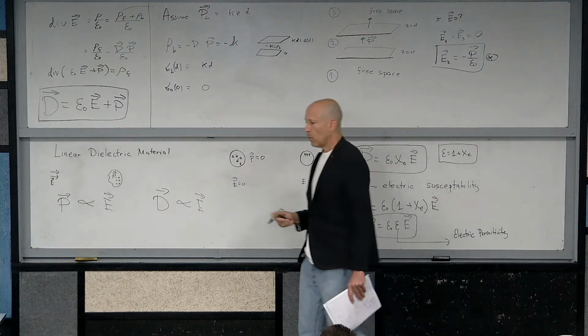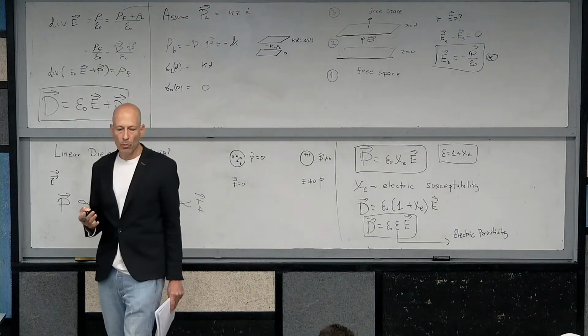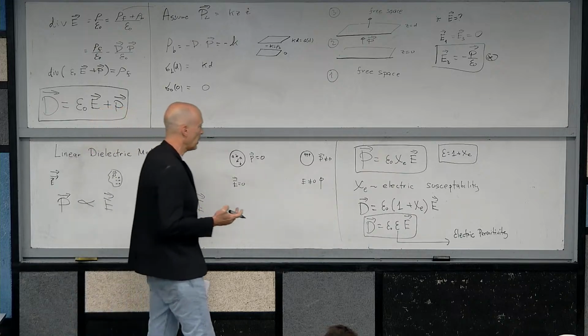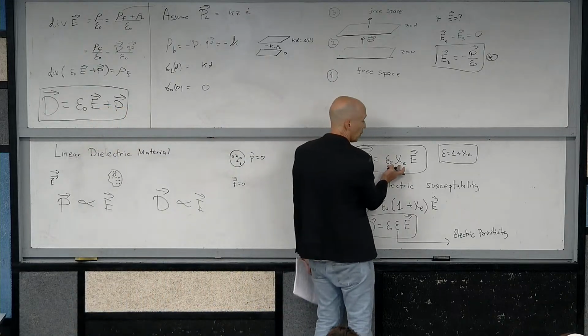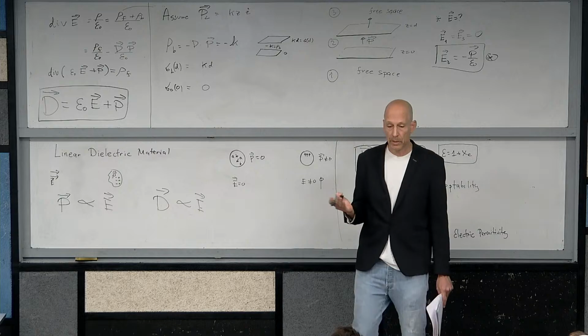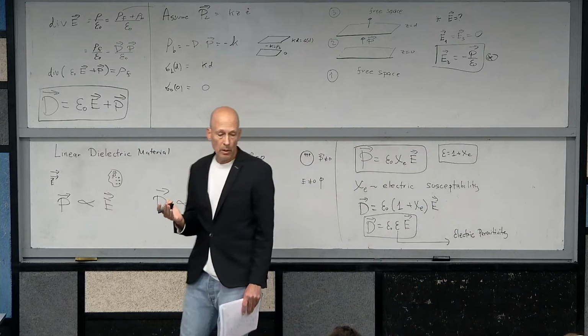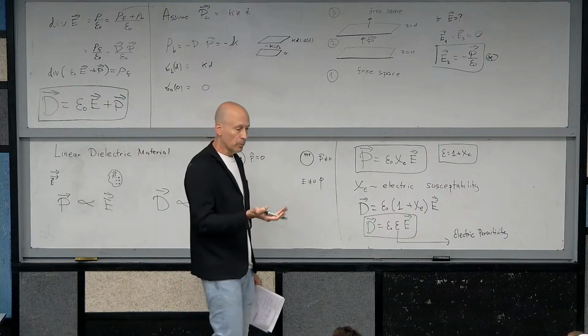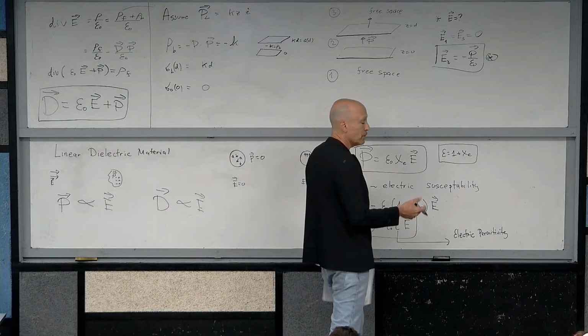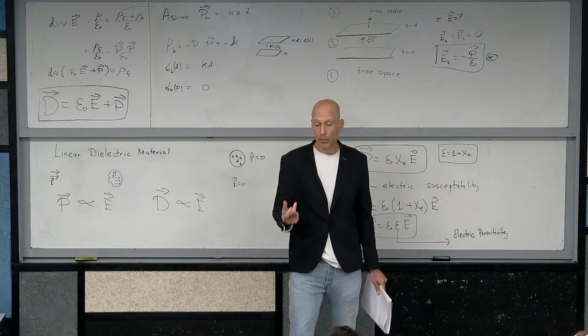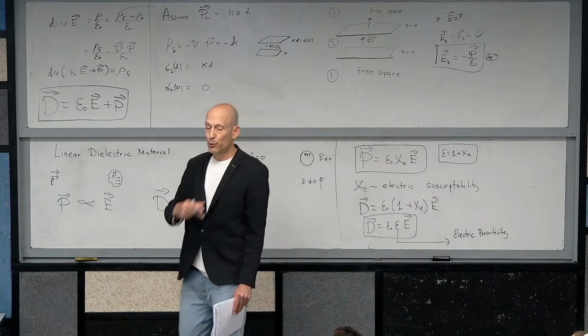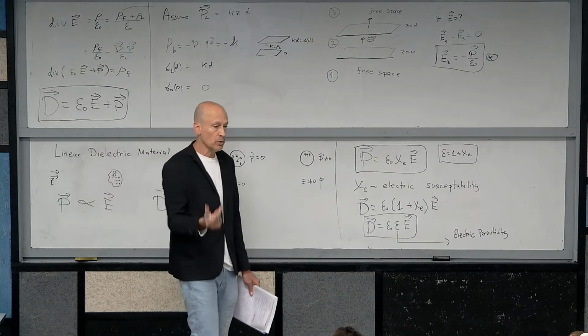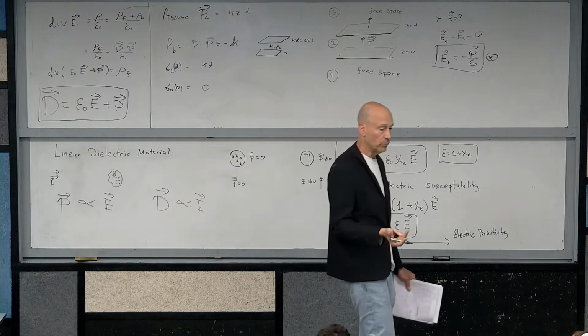What is the meaning of the 1? When is chi e equals 0? The simplest. When you are in vacuum or in air, more or less, there is no material. If there's no material, you apply electric field, you don't polarize anything because there's nothing. If there's nothing, you can do nothing.